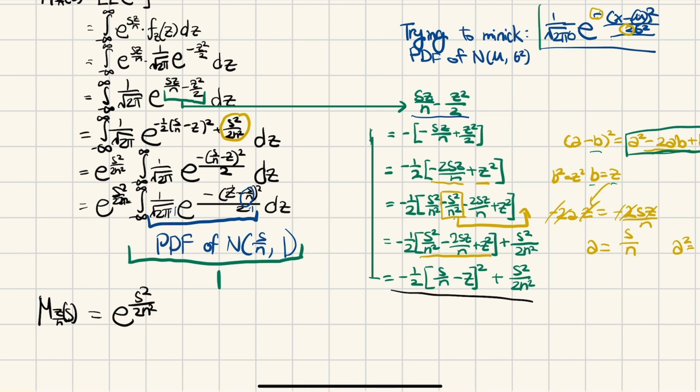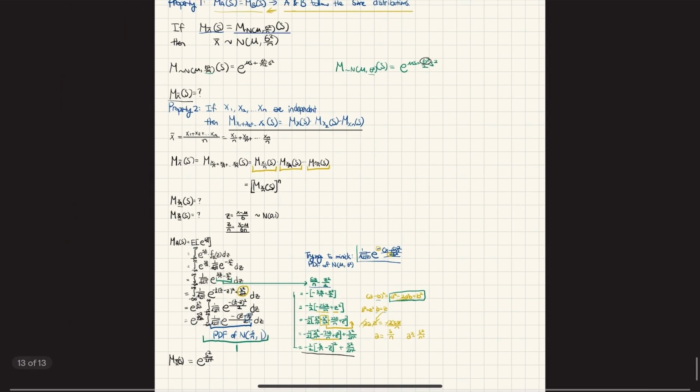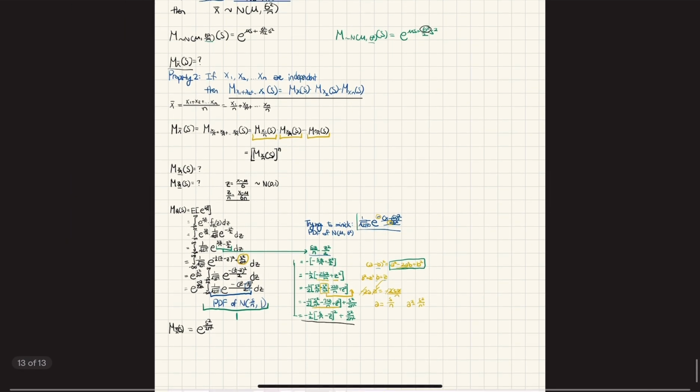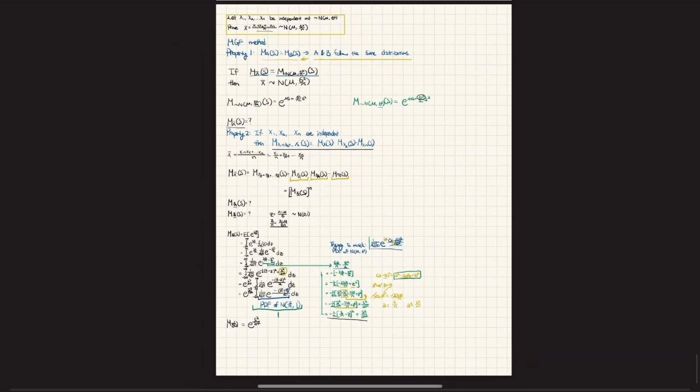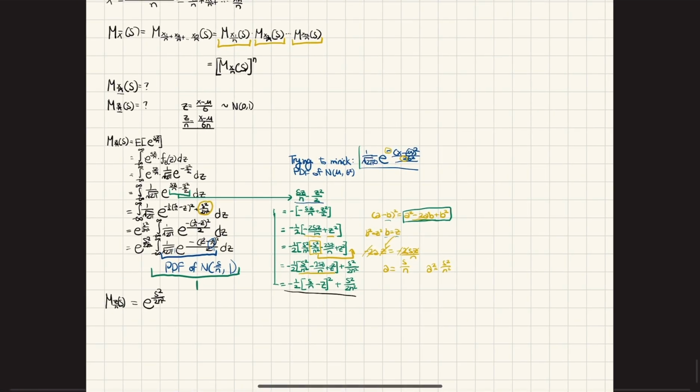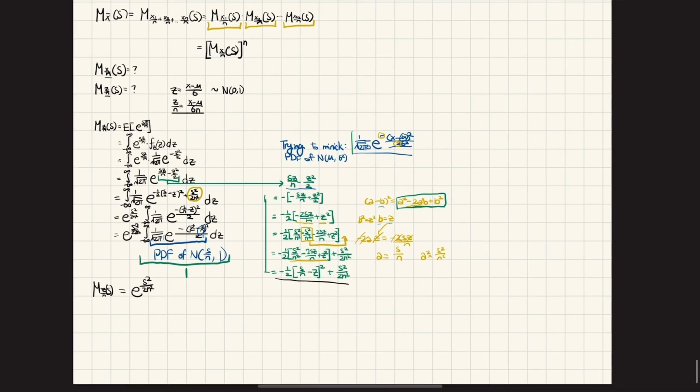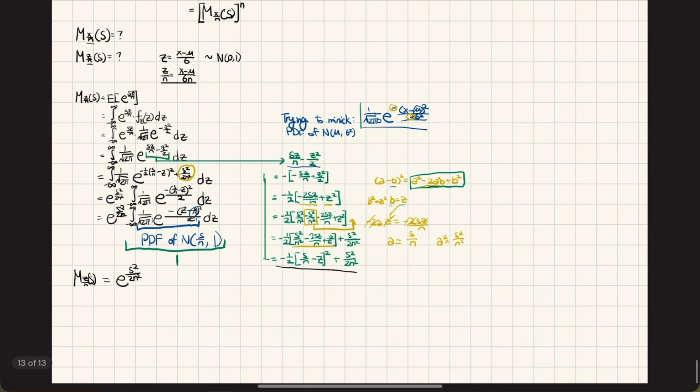Yay, that was not easy. That took a whole quarter of a page. But anyhow, we found it. Now, that's not our end goal, right? Our middle goal was to find the moment generating function of X over N.